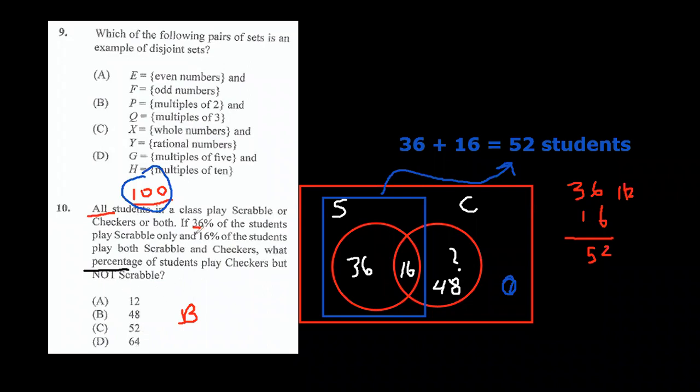Take these responses, add them to 36 and 16, and you should get 100, right? This was drawn to make sure you understand it more. For set questions, it's a good idea to draw the Venn diagrams as well, right? That will help you visualize what's happening. Awesome. Let's continue.